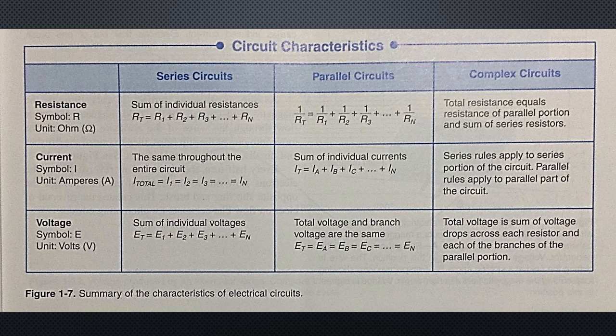While in parallel circuits, the voltages are the same, the current is additive, and the resistances are not additive, but their reciprocals are additive, and the voltages are equal to the voltage total.